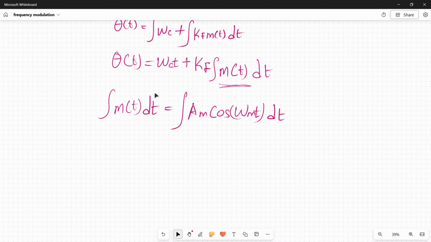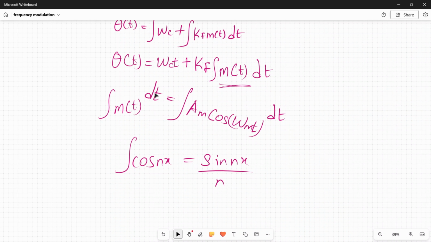We know that when we integrate cos, we get sine. So if we integrate cos nx, we have sine nx over n, and our n is simply wm.